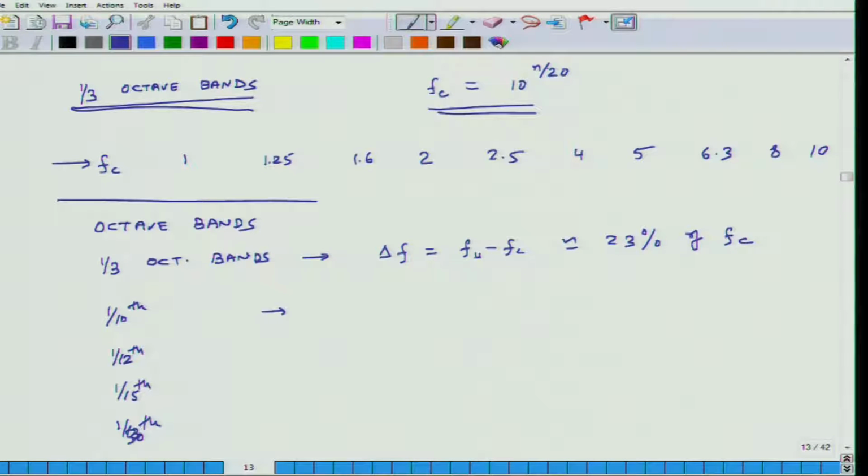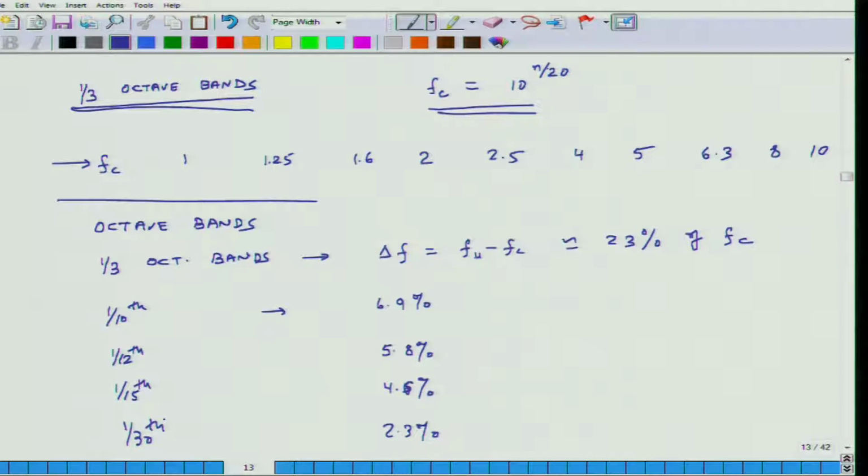For the 1/10th band, this number is about 6.9%. For the 1/12th band, this number is finer, 5.8%. Then you have 1/15th, it's 4.6%. And then the 1/30th band is 2.3%.